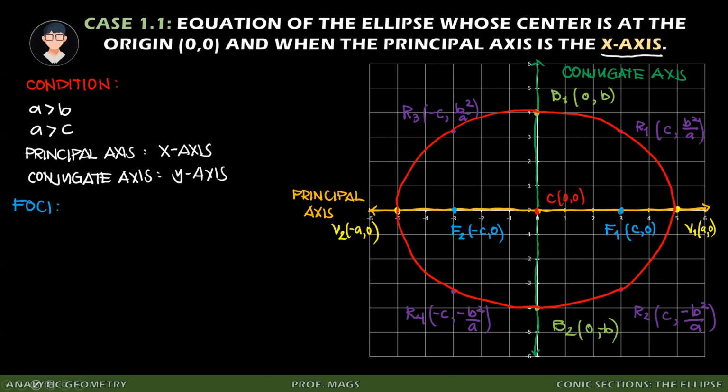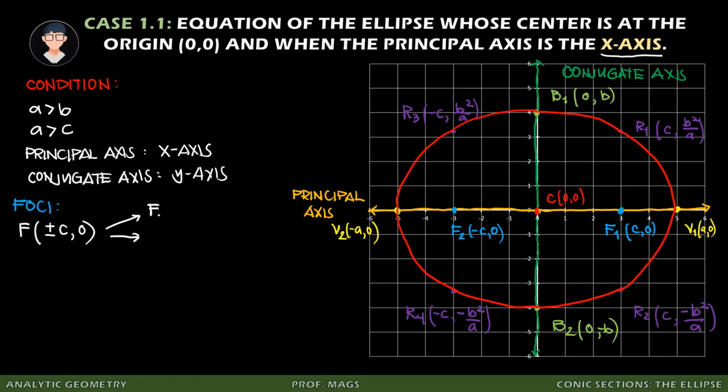So our foci is symbolized as capital letter F, and its coordinates are positive and negative c and 0. Foci is the plural form of focus, so we can break it down.